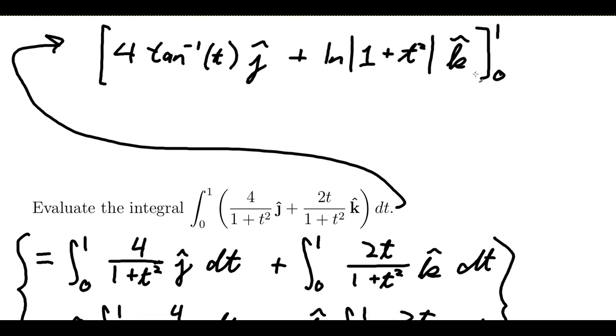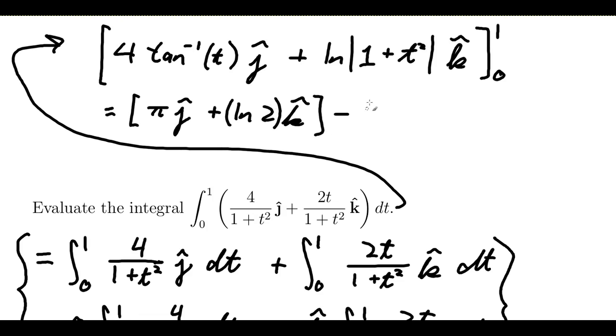So if you're able to do this all in your head, you can write this in just a couple of quick steps, right? So that you could start plugging things in and say, okay, when we plug in 1, arctangent of 1 is pi over 4 times 4 is pi. So we have pi j plus the natural log of 1 plus 1 is 2. So we have natural log of 2 times k. Put that in parentheses so that's not confused.